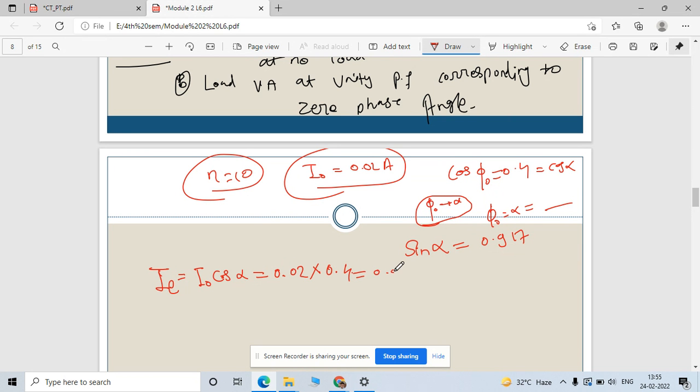When you multiply it, you will get the value in ampere. Similarly, IM or I mu, as you study in machines, is the magnetizing component, which is nothing but your I naught sine of alpha. Simple, put the value and get the answer.